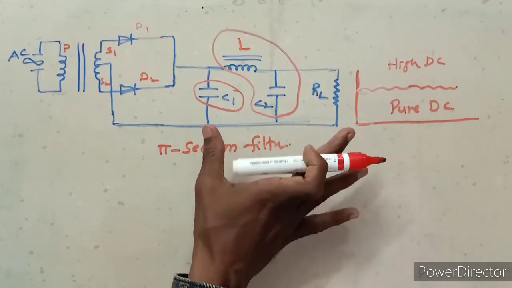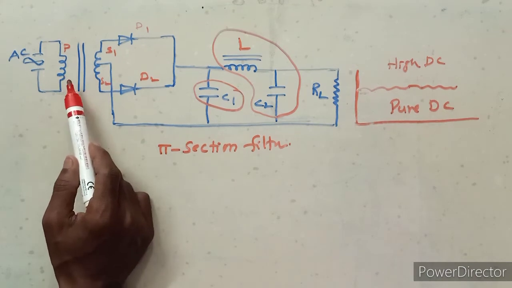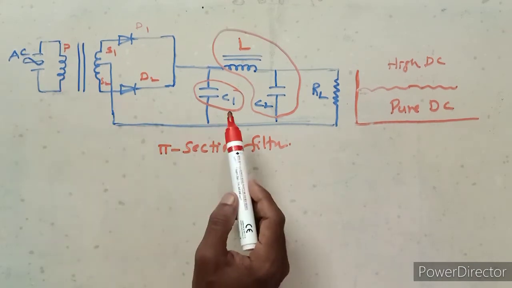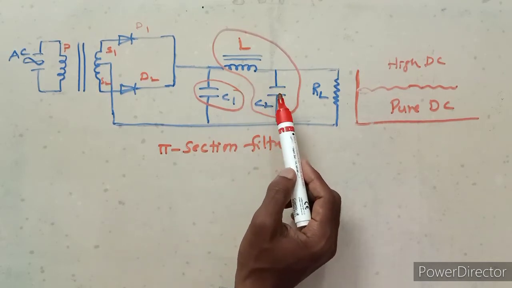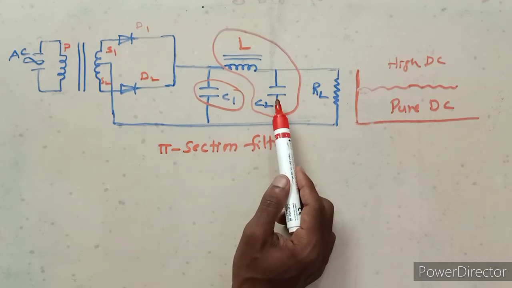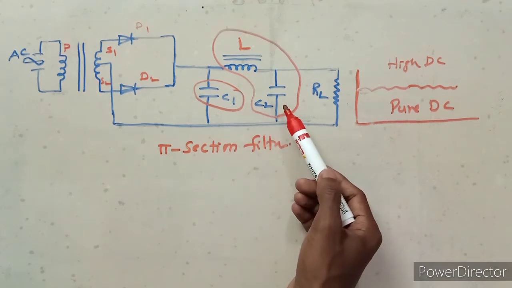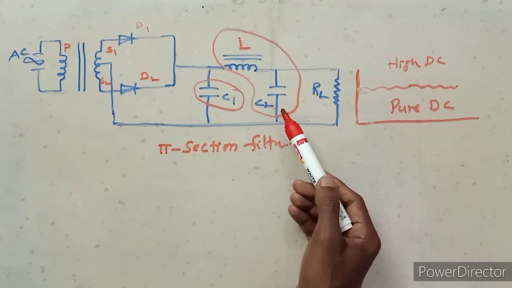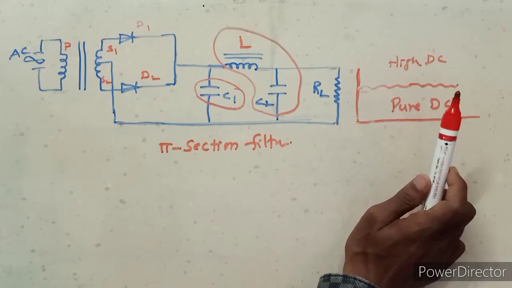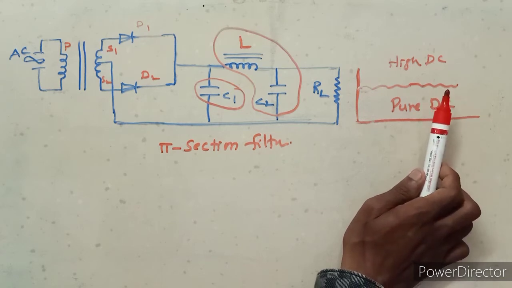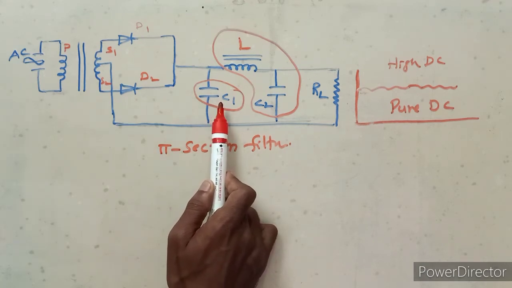The reason behind this high output voltage is that the entire input voltage appears across the input capacitor C1.